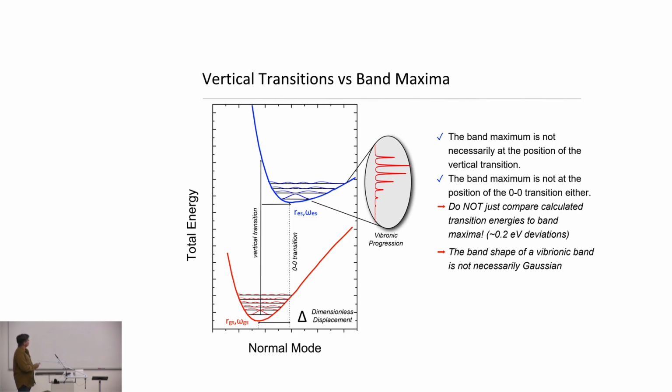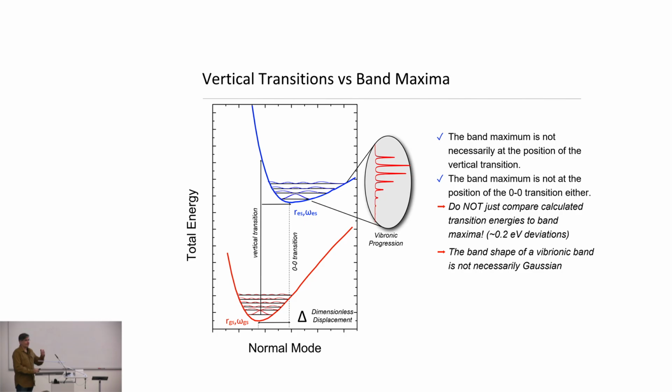That has a certain number of vibrational levels, and as long as you're in the harmonic approximation, these are harmonic oscillator eigenfunctions. Then you have the electronically excited state, which along each normal mode has a displacement delta.